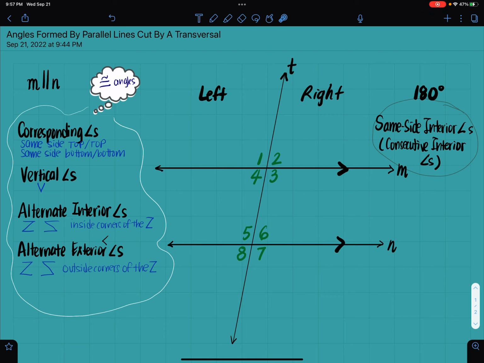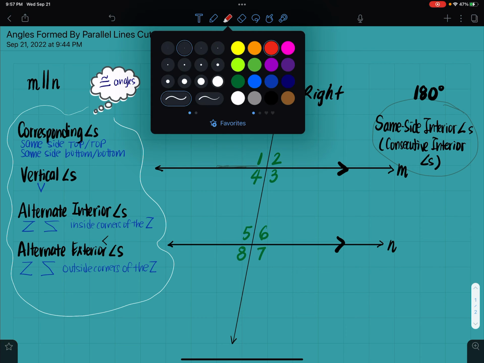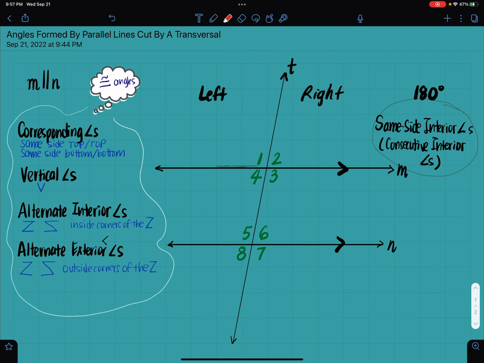Now the next one, we have this thing called alternate interior angles. Now when you think of alternate interior angles, I need you to remember this little statement. Alternate interior angles, inside corners of the Z. Well, within this big picture here, you should be seeing a Z. Do you see what I see?